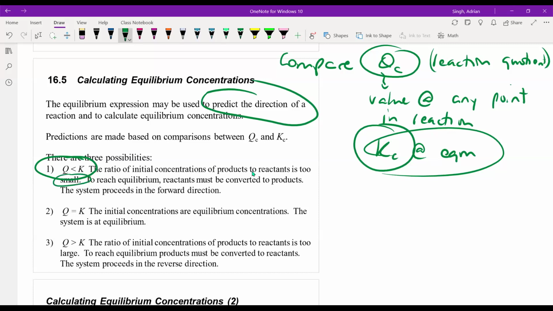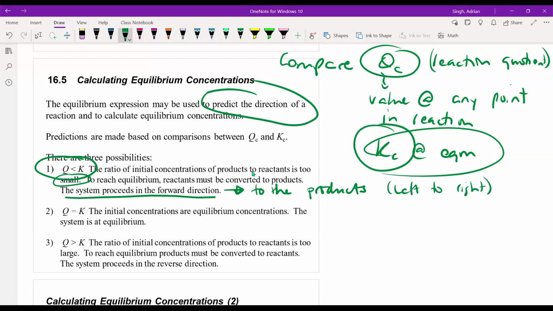And in order to reach equilibrium, the reactants have to be converted to products. And what this means as a system is you're going to proceed in the forward direction. In other words, if you remember, the forward direction means to the products. So the reaction will proceed from left to right to the product side.